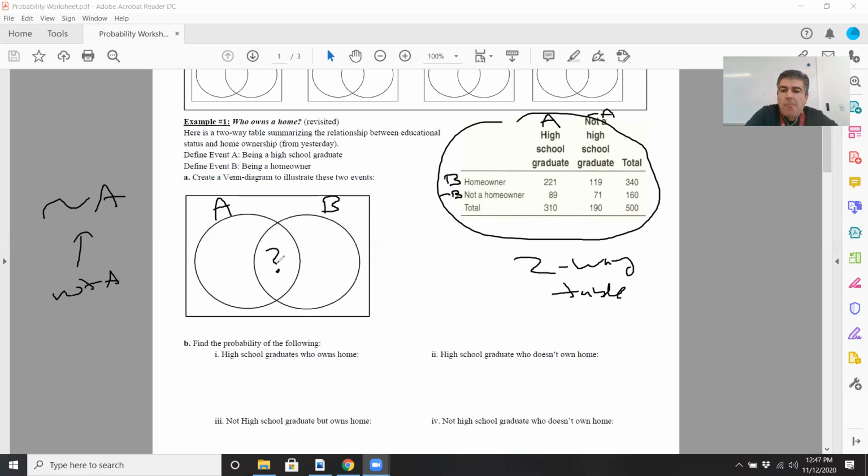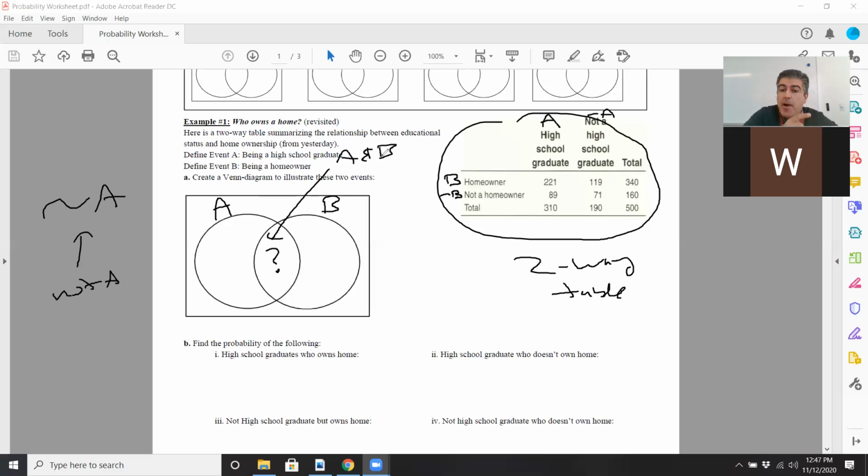Would it be not A plus not B? Not A would actually be on the outside. This is going to be A and B. So how many people would satisfy both A and B? How many people are high school grads and homeowners?